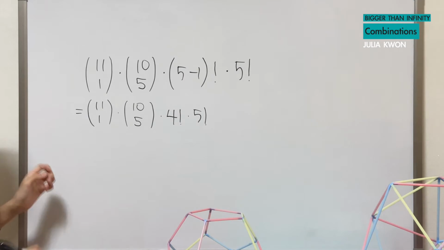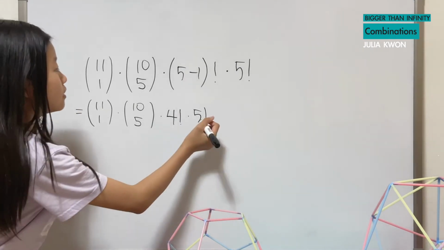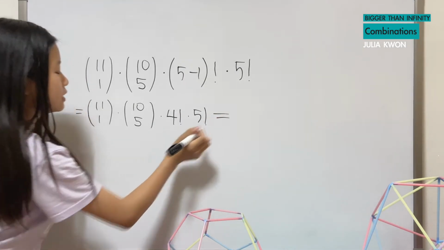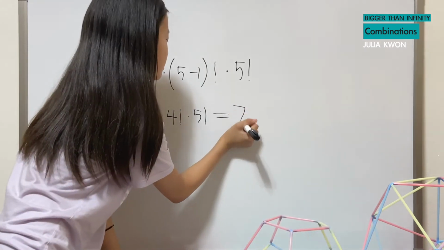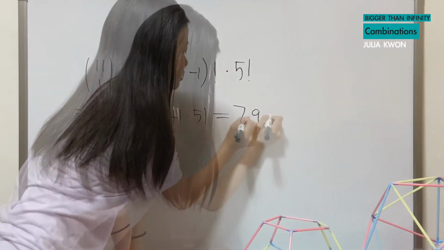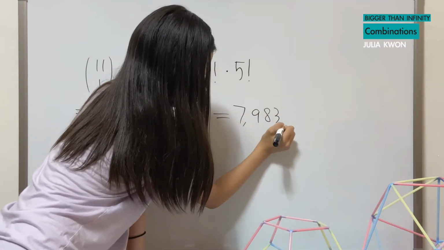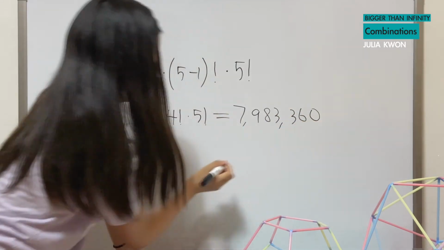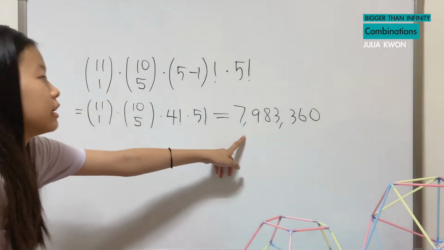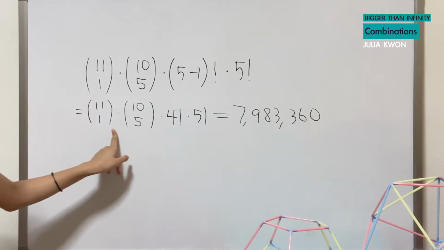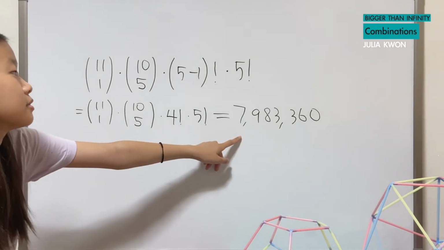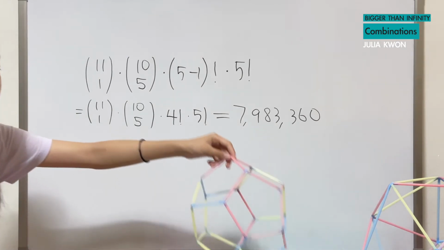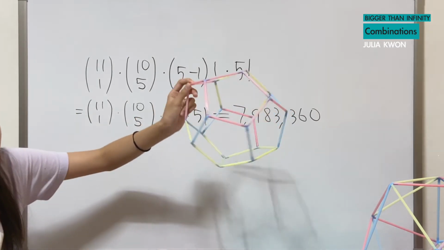And if we actually calculate this, then what we will get is 7,983,360. This is what you'll get after you calculate all of this. So there are this many ways to color this dodecahedron.